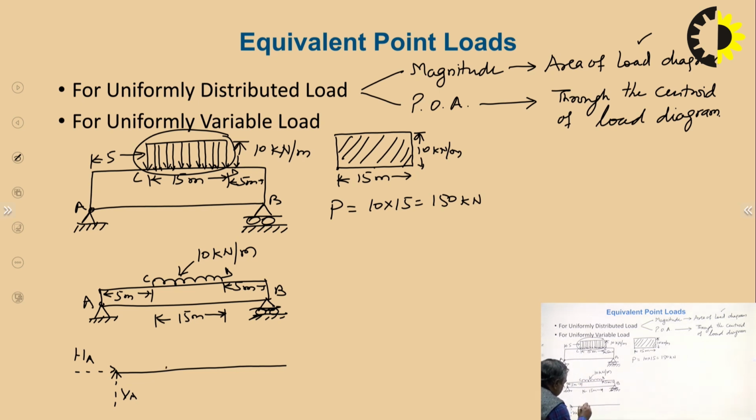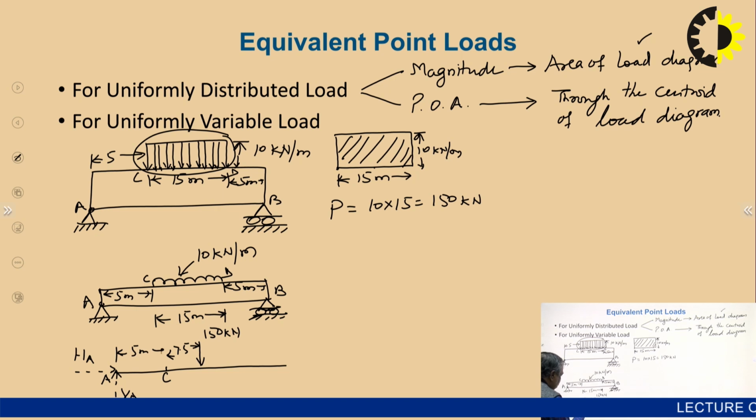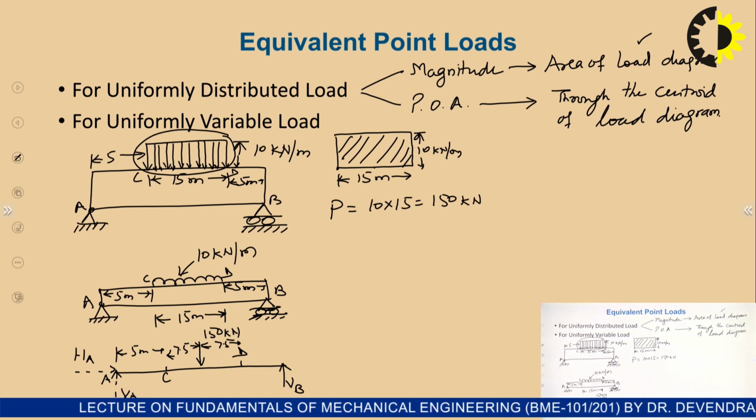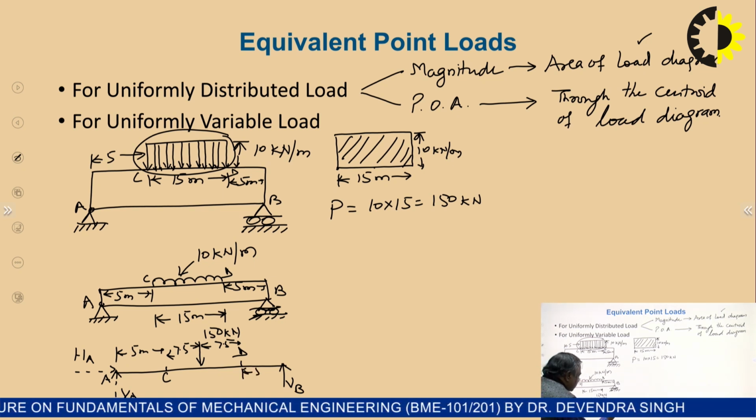Now, this is point C, this is point A, and from C, 7.5 meters, it will be 150 kilonewton, 7.5 meters on this side, 5 meters on this side. This is point D, and this is B at 5 meters.